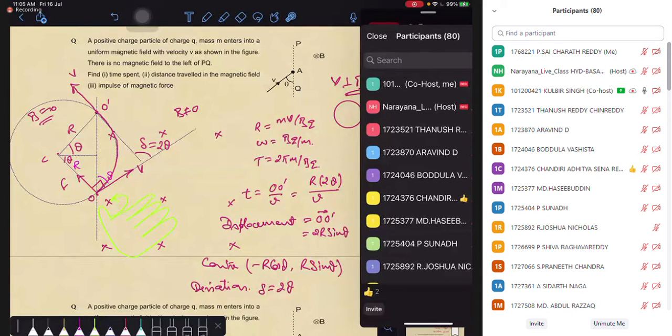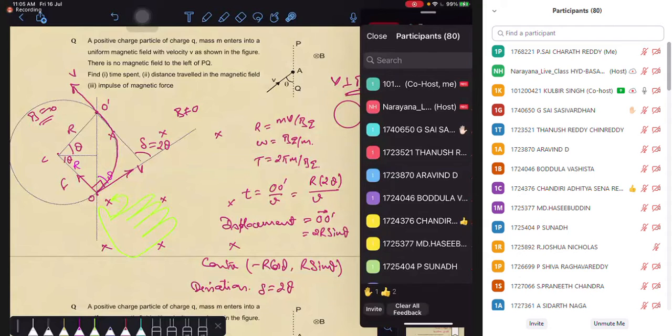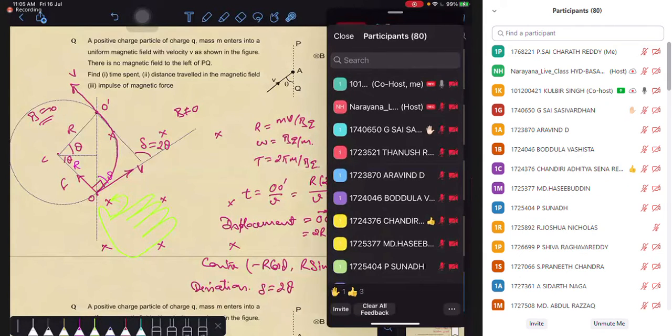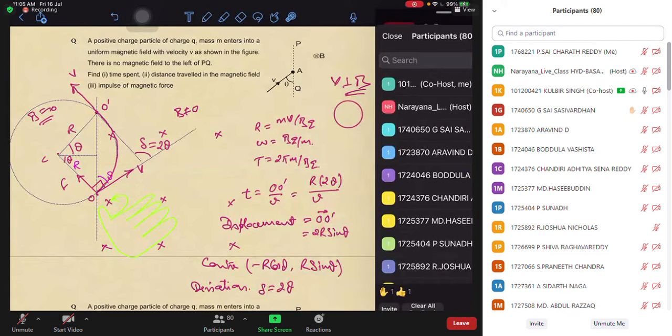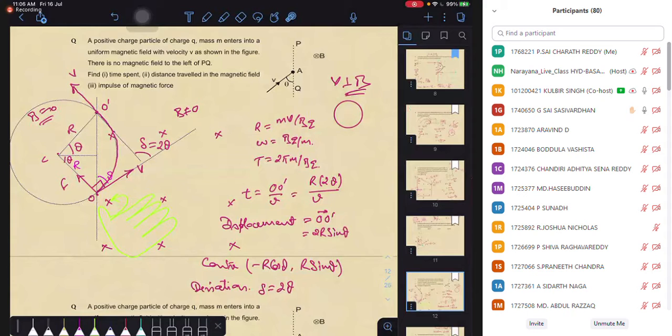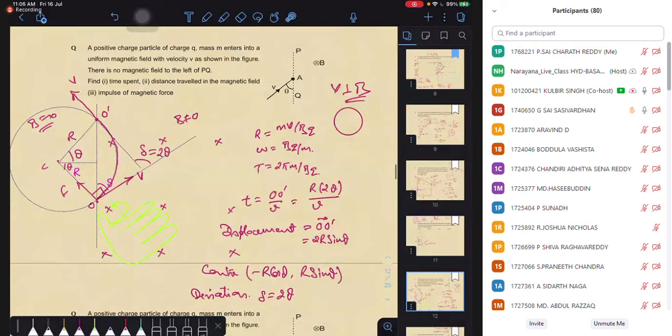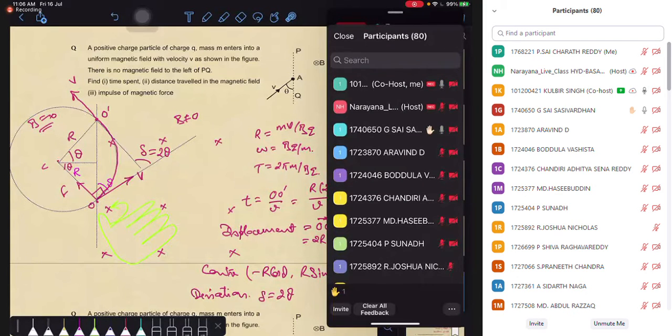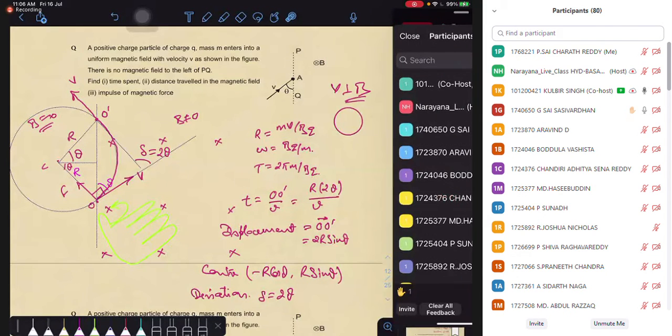Does anyone have a doubt in the directions? Yes, tell me. Sir, can you scroll up? In this problem, is there any doubt? No, sir. Anyone else have a doubt in this problem?